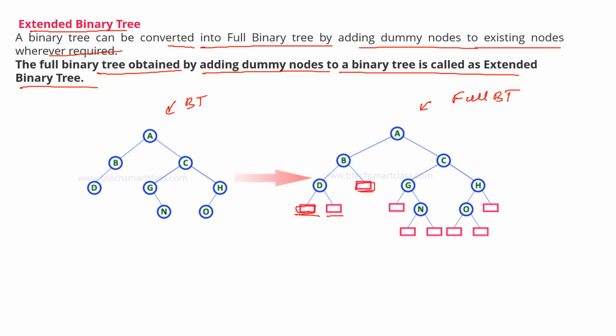And making this a binary tree, a full binary tree. So what is full binary tree? Full binary tree is a binary tree in which every node has either 2 children or 0 children. So the tree which we get by adding dummy nodes is said to be an extended binary tree.